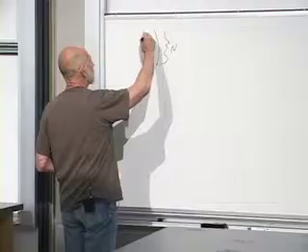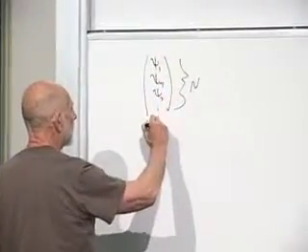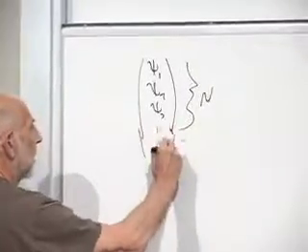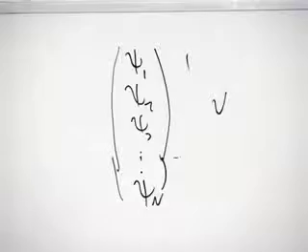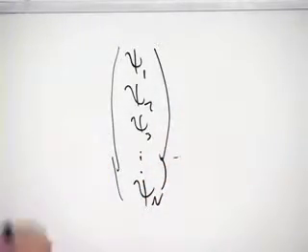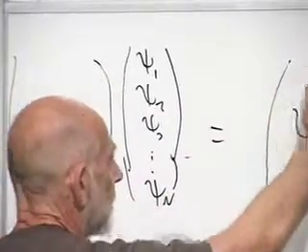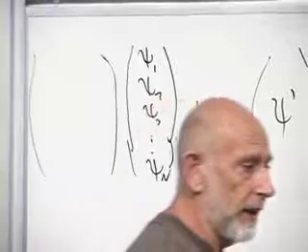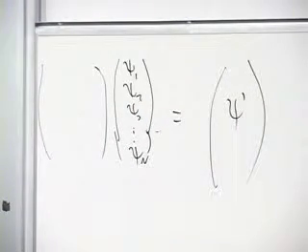Let's call them psi 1, psi 2, psi 3, to psi n. And the group is described by special unitary matrices which act on these entries and mix them up. Psi prime, let's call them. Multiply them by constants. You know what they do. Okay, so that's the defining representation.